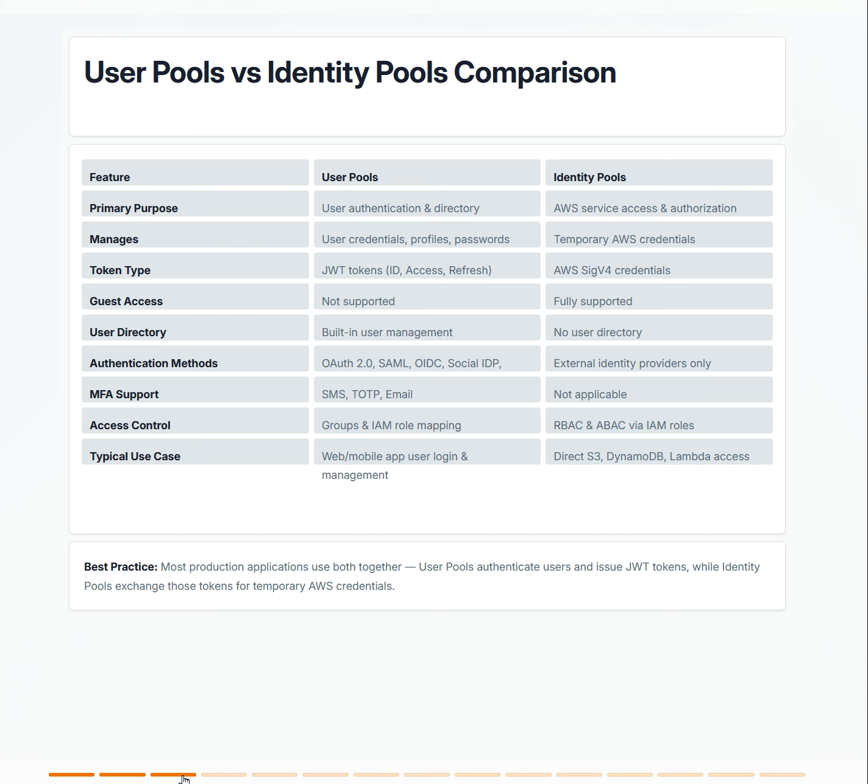Typically user pools are used for logging into a particular application, and identity pools are used for accessing data in different services in AWS, right? The best practice is that most production applications use both together: user pools to authenticate users and issue JWT tokens, while identity pools exchange those tokens for temporary AWS credentials, right? That's how it normally works.